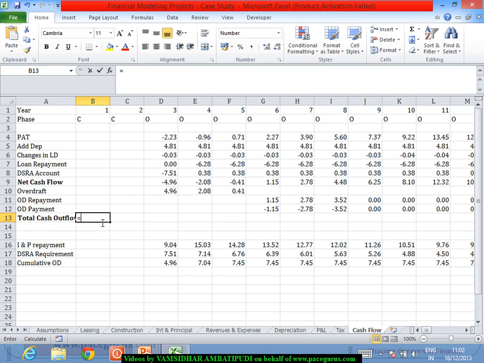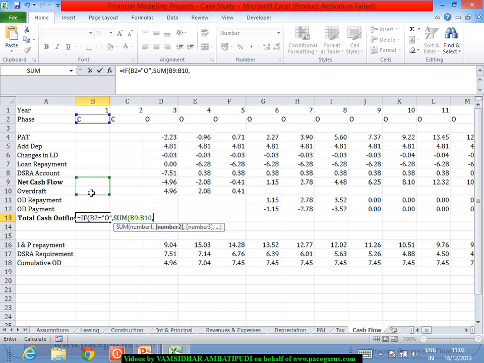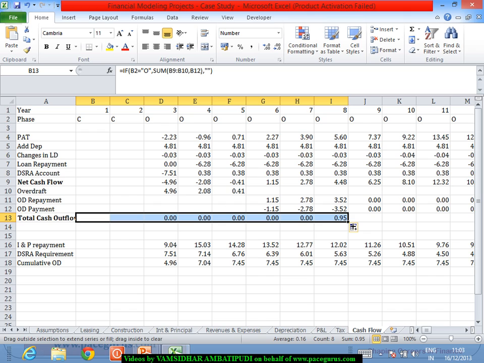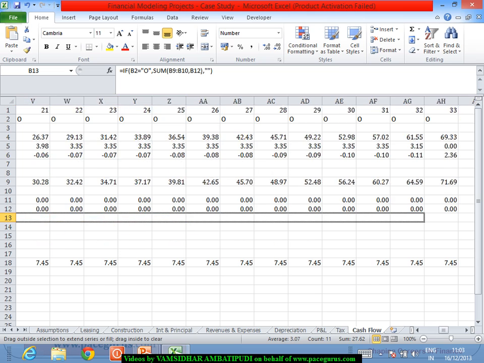Now as part of my total cash flow, I can handle this as: if this is equal to operations, I will consider the summation of the net cash flow, the overdraft as well as the OD payment. Otherwise I will take it as a blank. Now hopefully everything is fine. Yes, in all these years it is coming out negative, fair enough, and in these years it's coming out positive, fine.